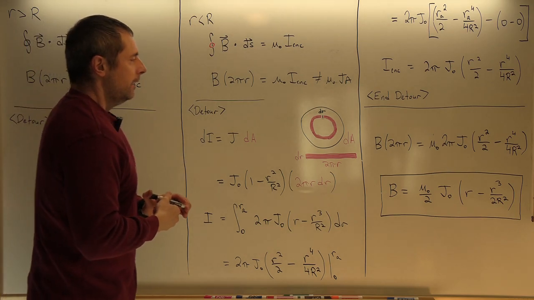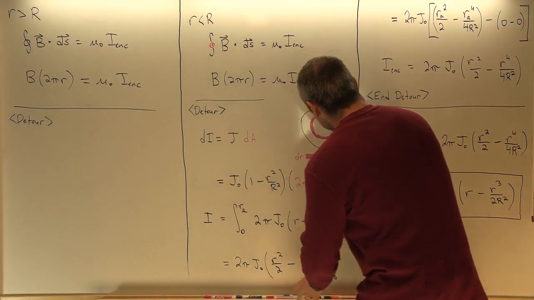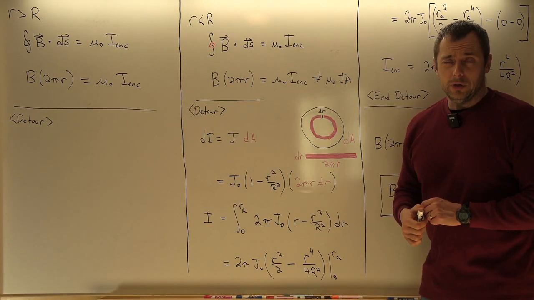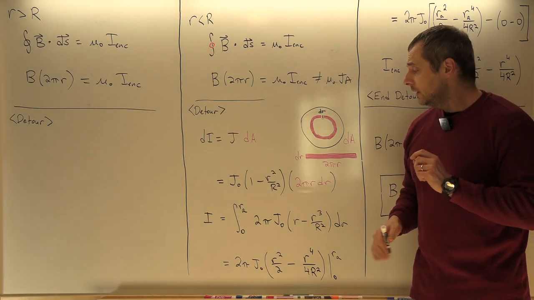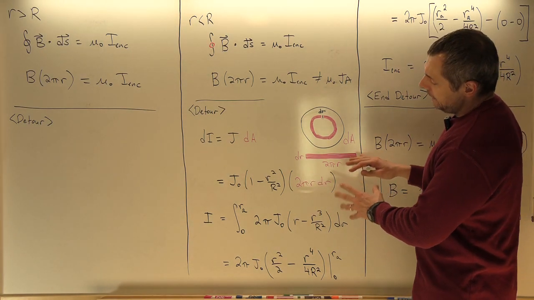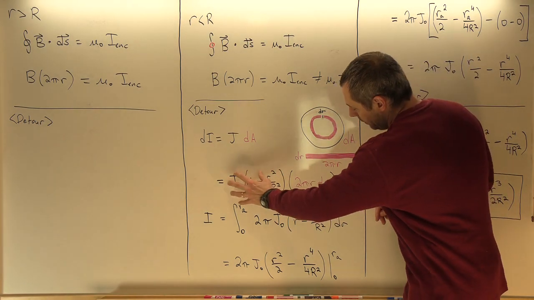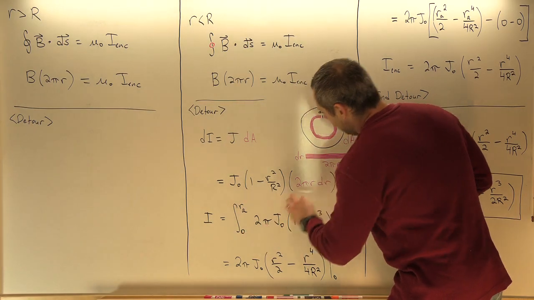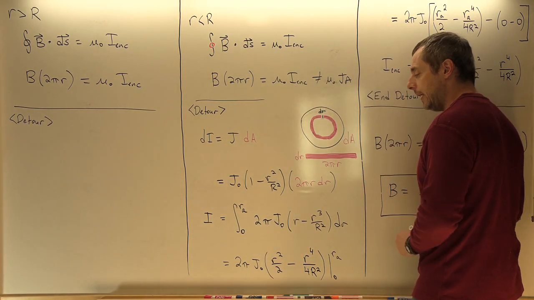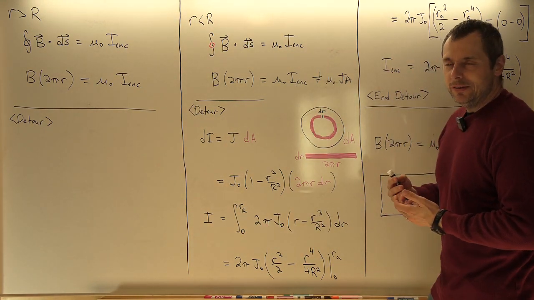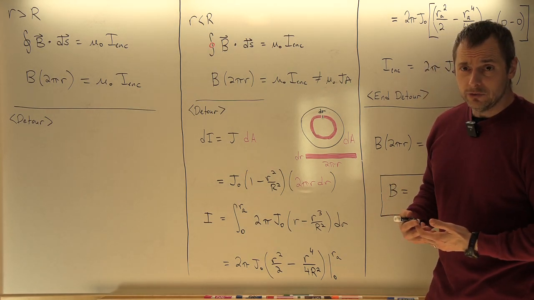Now, you might be thinking, oh, we've got to do this whole thing over. Not really, because we could recycle the integral. Basically, the thinking will be the same. The setup, we're making a little ring, we're going to find the current in that little ring, then we're going to integrate to find the current of all the rings added together. So we would be doing the same exact analysis.